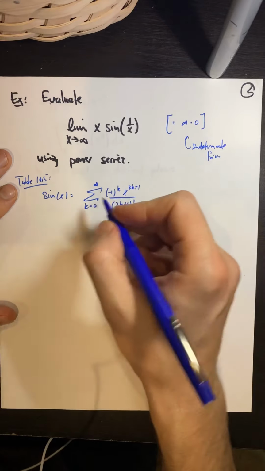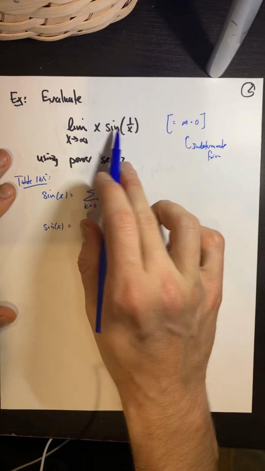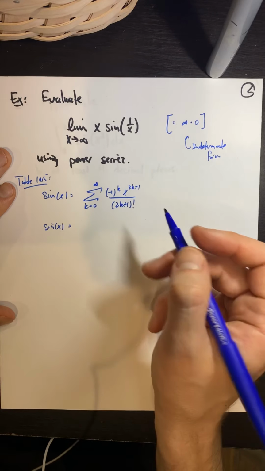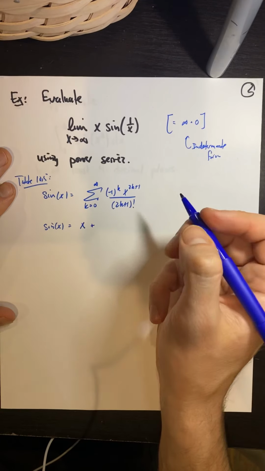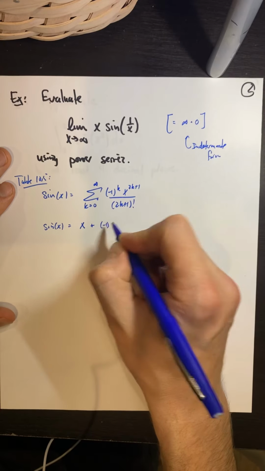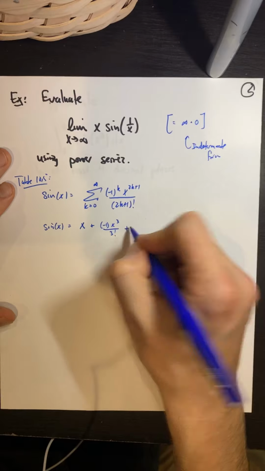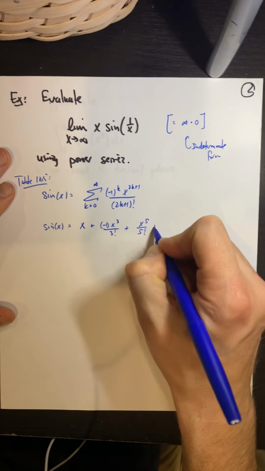So if this is sine of x, all we're really going to need to evaluate this is the first few terms of this guy. So if I plug in k equals 0, we get x. If we plug in k equals 1, we would get negative 1 times x cubed over 3 factorial. Then we would get plus x to the 5th over 5 factorial, and so on.